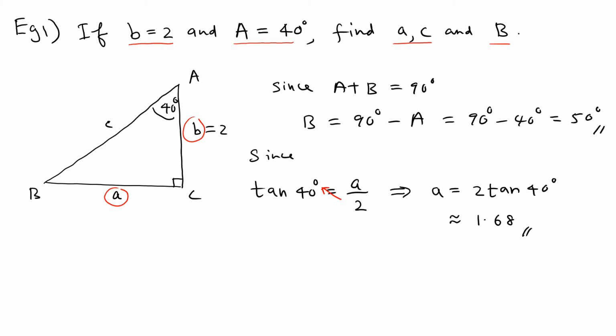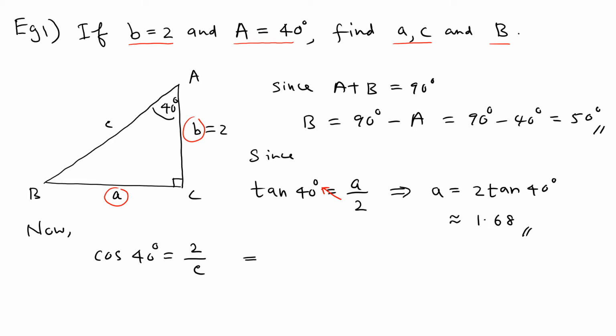In this case, if you relate c and b, that's going to be the cosine of 40, because b is the adjacent to the 40 degree angle. So we can now write cosine 40 equals, in this case b means 2, over c.